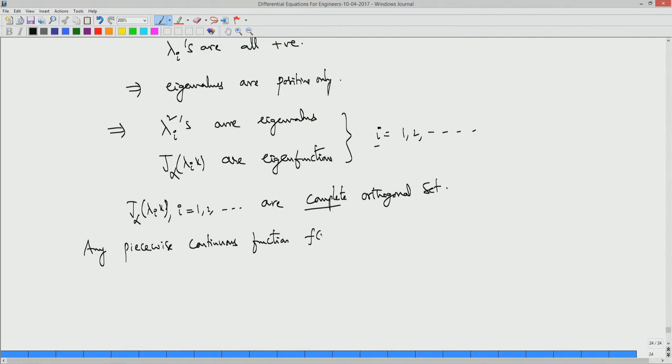f of x in (0, 1) can be written as a Fourier series.